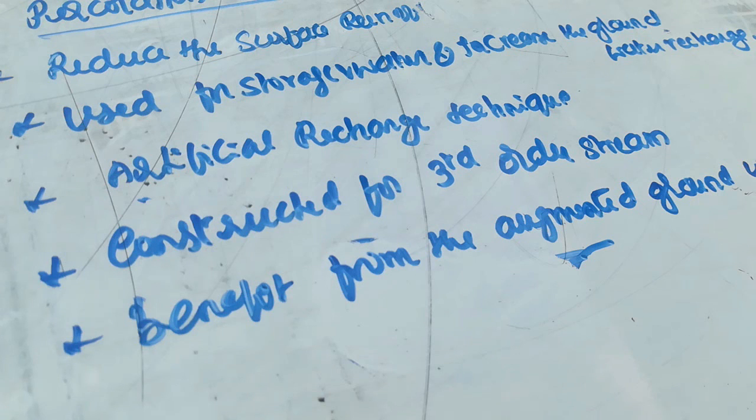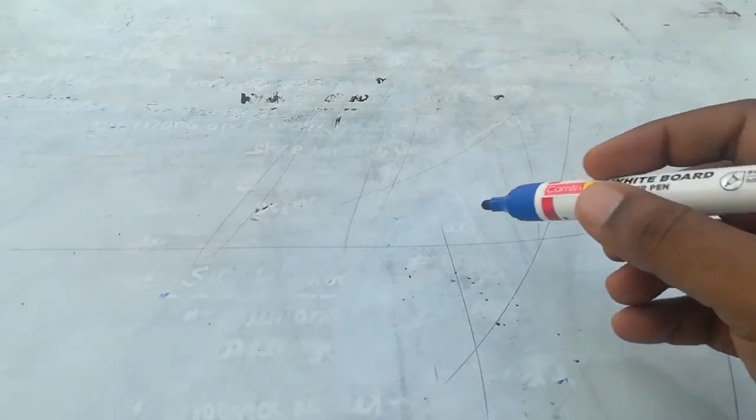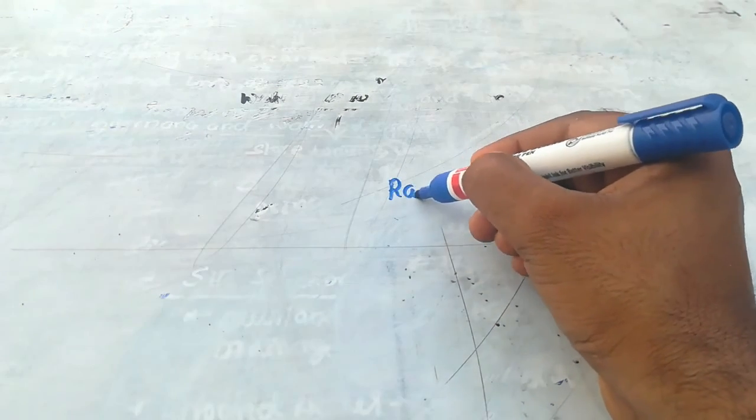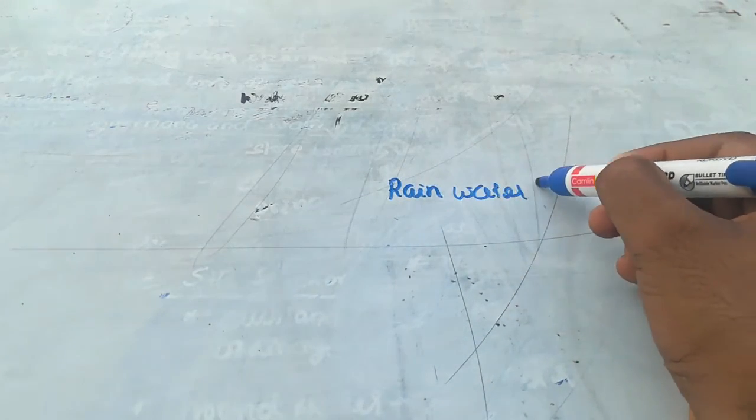So the next one is rainwater harvesting. It's a very easy topic. Why are we using rainwater harvesting?